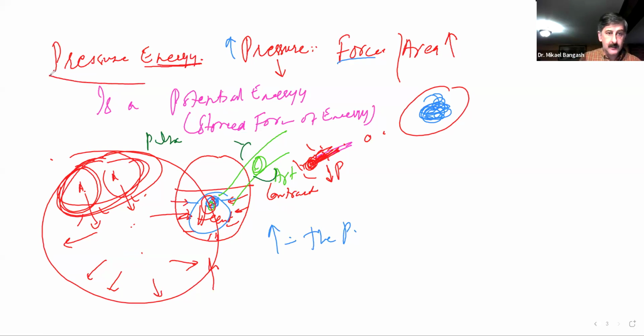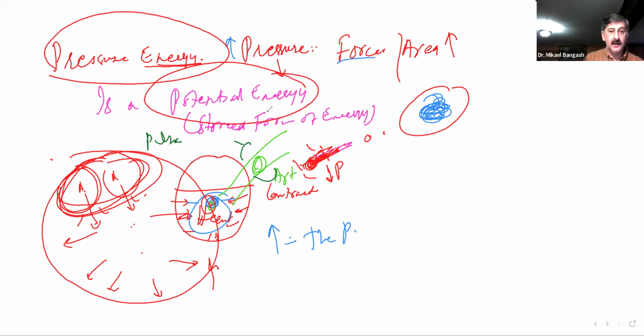Please keep in mind, guys, pressure energy is a type of potential energy. And why do we call it potential energy? Mainly because it is a stored form of energy. Now, what was pressure? It was the concentration of force on area.